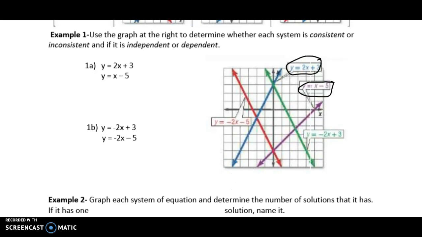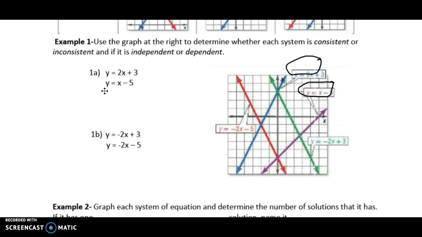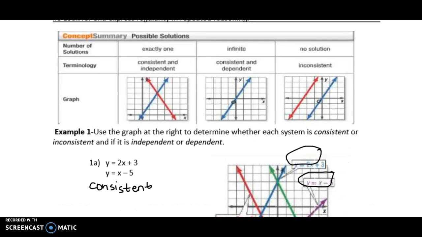If they have a solution, that means, first of all, that they are consistent. Secondly, I'm trying to figure out if they are independent or dependent. If I scroll back up to this chart, if I have exactly one solution, it's consistent and independent.